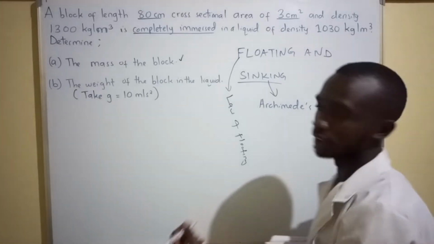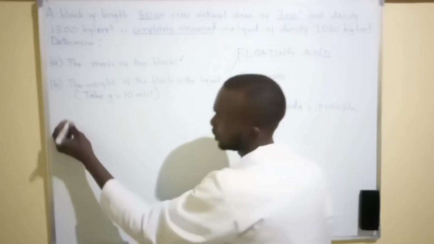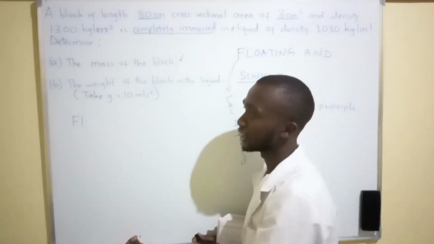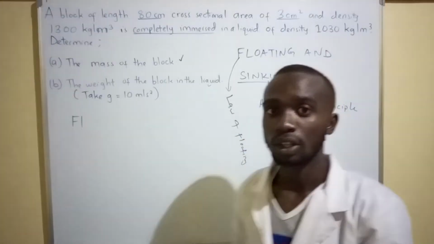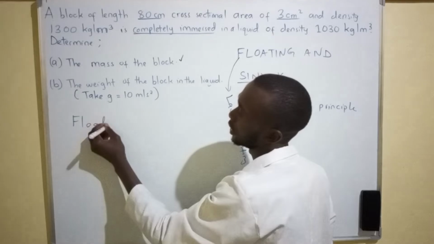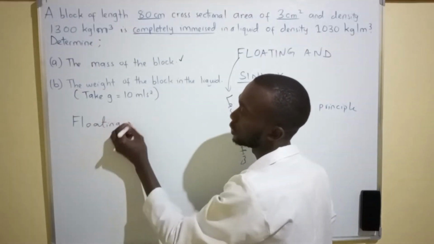Now, in floating, when an object is floating on the surface of water, or any given fluid, a fluid in this case can be either a liquid or a gas. So when an object is floating, it displaces its own weight.